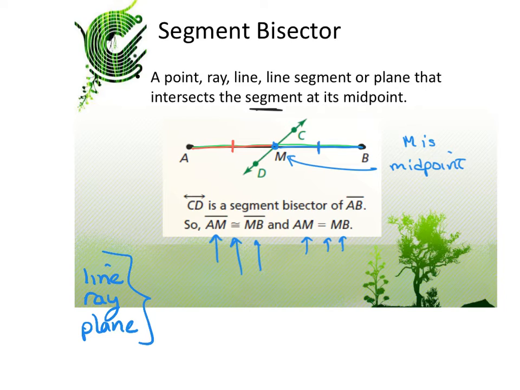They cannot be bisected because they go forever. How could you find the middle of a line when it doesn't have an end? Or how could you find the middle of a ray if one of the endpoints goes on? And the same for a plane.